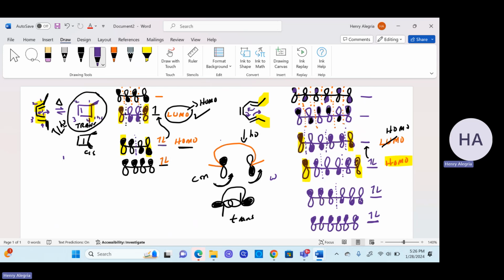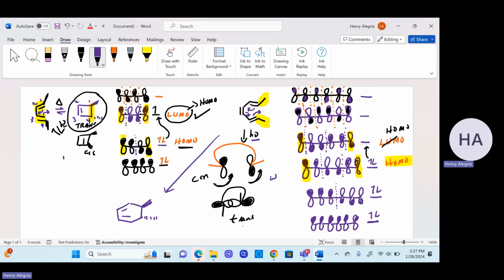So the product that you get is going to be the six-membered ring, double bond, double bond. And we said that if you do it with light, let's say, that the product ends up being trans. So therefore, I have methyl and methyl trans to each other.